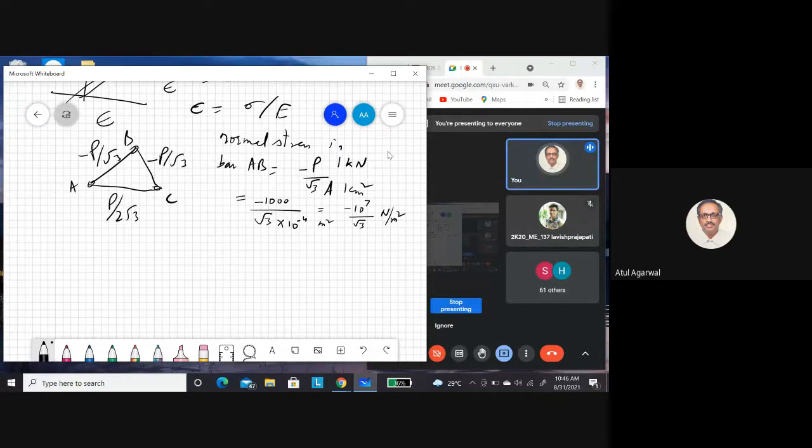So what is the change in length? Delta L upon L is this, minus 10 power 7 upon root 3, divided by Young's modulus. Young's modulus I told you is 200 gigapascal. Pascal is 1 Newton per meter square.